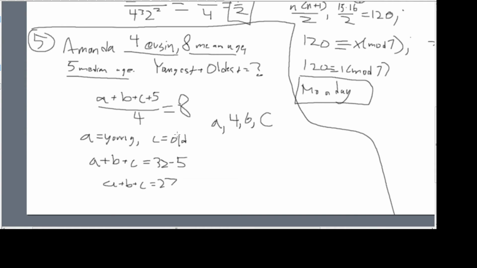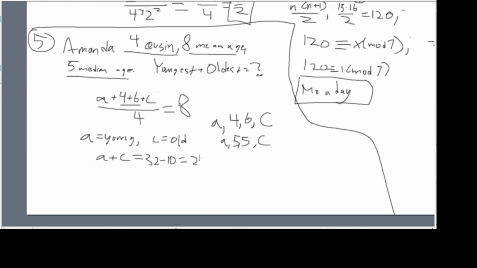A, 4, 6, C. So I kind of messed up in this beginning one. So sorry about that. We already know what it's going to be. So 4 plus 6 plus C. You can also have A, 5, 5, C, but that would give you the same thing because 4 plus 6 is equal to 5 plus 5. So A plus C is equal to 32 minus 10, which is equal to 22.